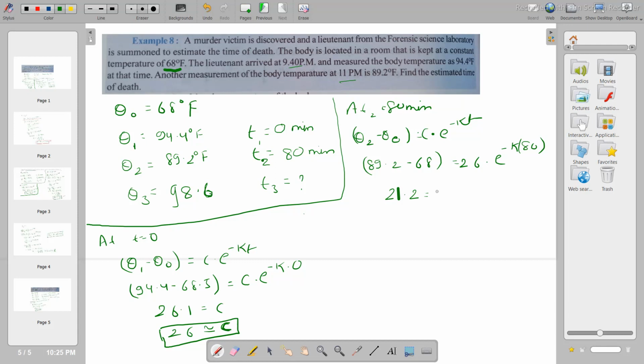So 21.2 is equal to 26 into e power minus 80k. Now, what is the value of 21.2 divided by 26? It's 0.81.